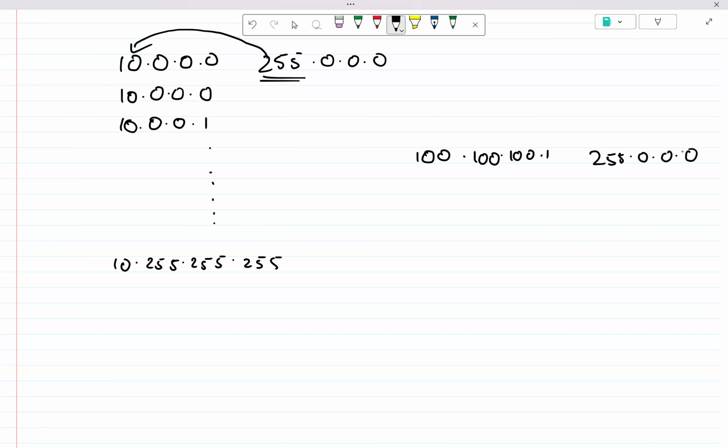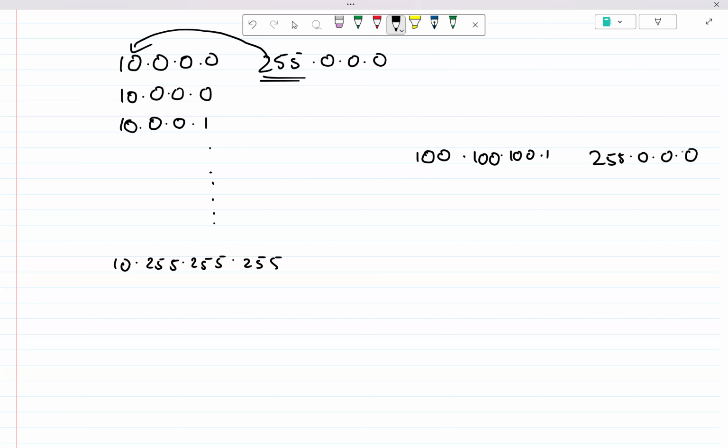Find out the subnet, or find out the network ID, and find out the broadcast ID for this IP address. In an interview, they may ask you questions like this, or even when you're giving the actual CCNA exam, you may find such questions, right? 100.100.100.1. What is the network ID and what is the broadcast ID for this IP address?